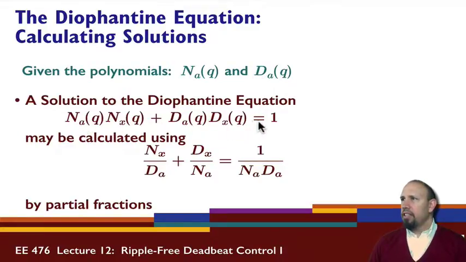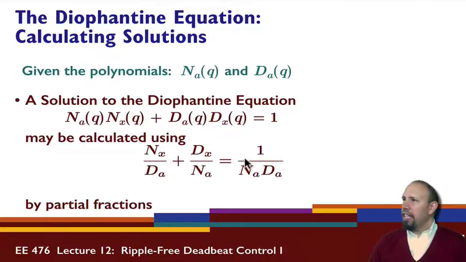If we take this equation and divide through by NA and DA, then in this term we just end up with DA in the denominator, the NA cancels. In this term, the DA cancels, leaving just NA, and over here we have 1 over NA DA.